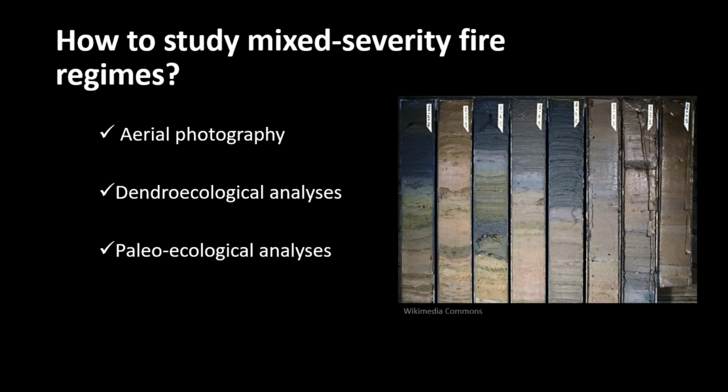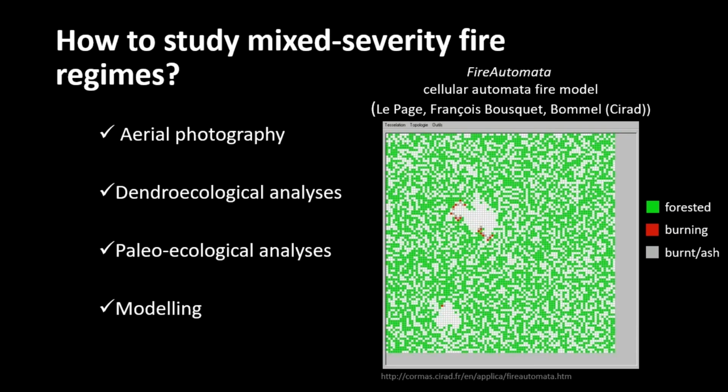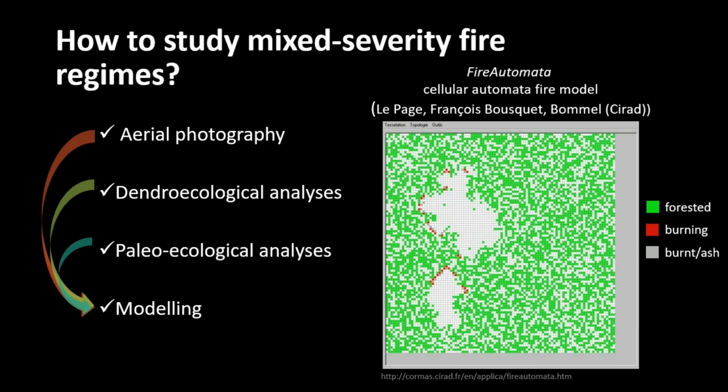And then we can go even further back in time and use paleoecological analysis and analysis of sediments to reconstruct really far back fire history in the system. And then we can use models, as I do, to try to simulate what we know about this system. And of course, these models will draw information from other sources like photography, dendroecology, and even paleoecological analysis.